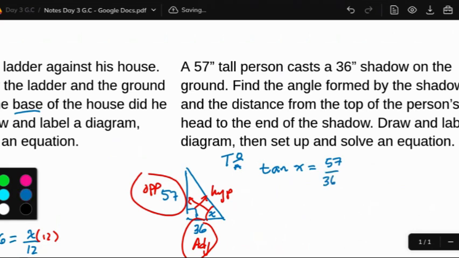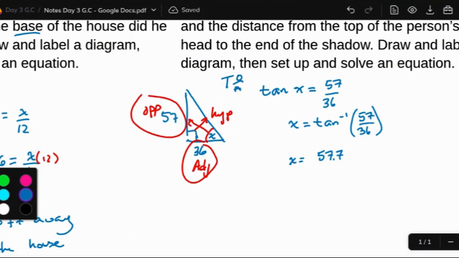And so if I want to undo the tan, you're taking the inverse tan of both sides. So that means that we have tan minus 1 of 57 over 36. And when we type this into our calculators, we should be getting a value of 57.7 for our angle.